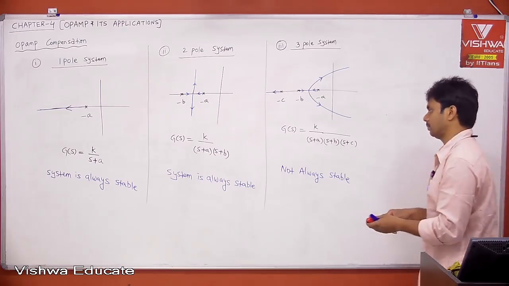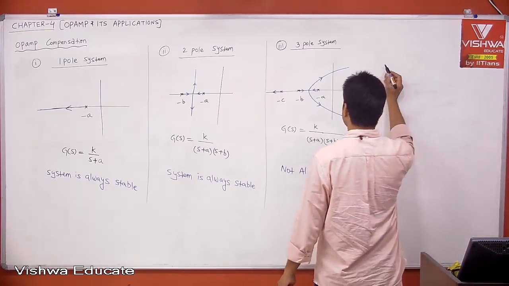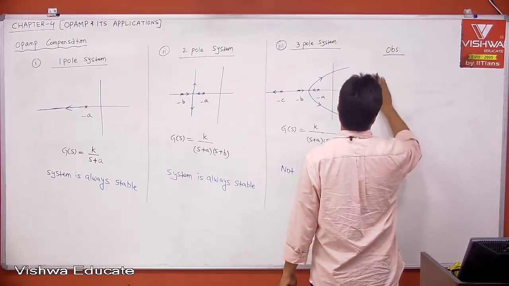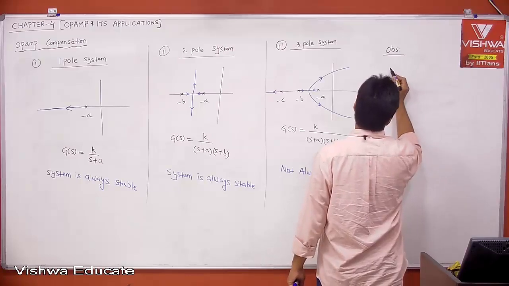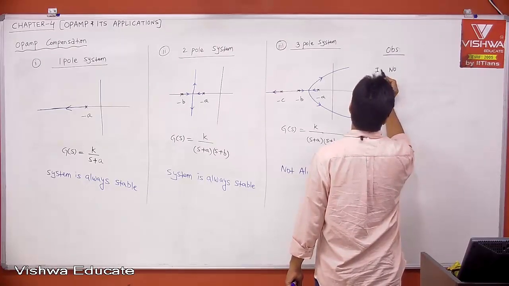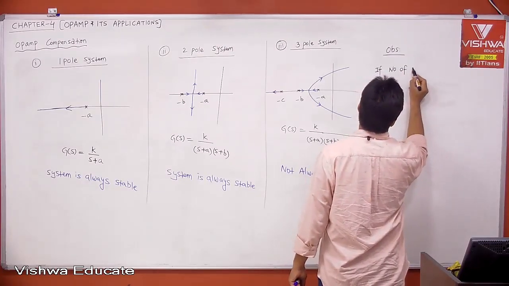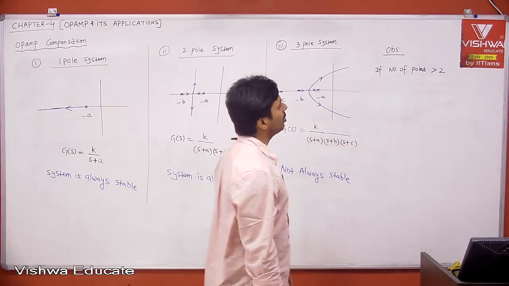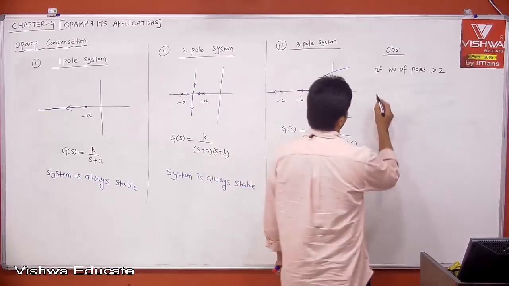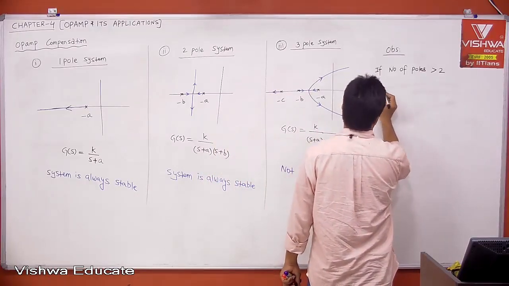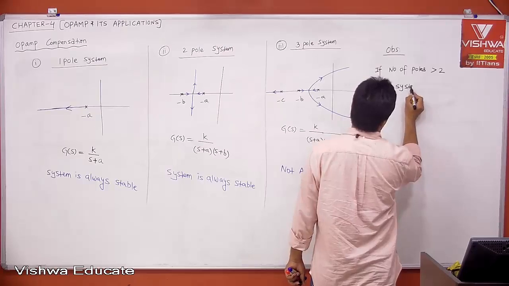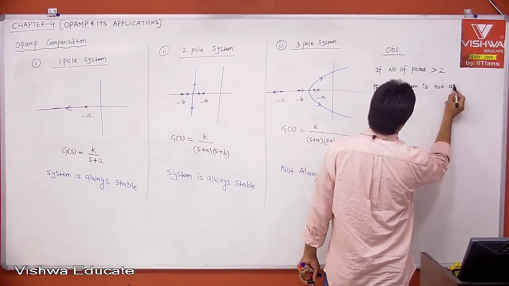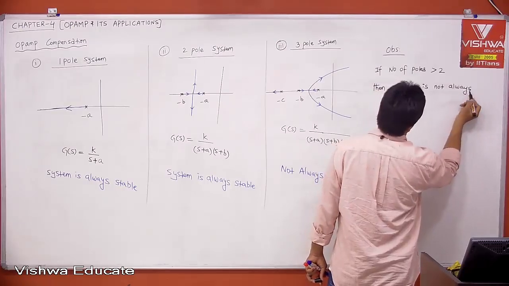Therefore, what is the observation? Observation is, if the number of poles is greater than 2, then people call it as the system is not always stable, or unstable.